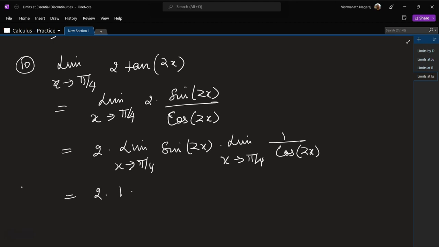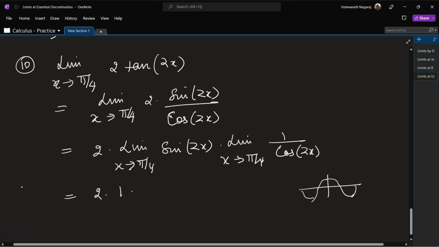Right? Cos of 2 times pi by 4 is pi by 2. Cos of pi by 2 is 0. So what do we have to do? We have to evaluate it from both the sides. So cos will be what? Like this. So it will go like this, it will go like this, it will go like this, and it will go like this.